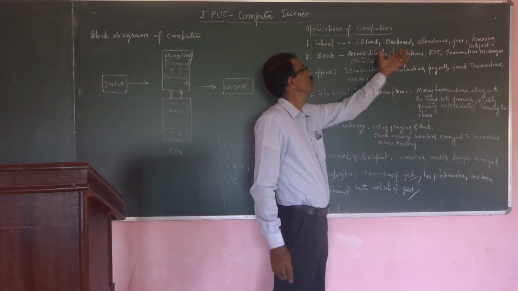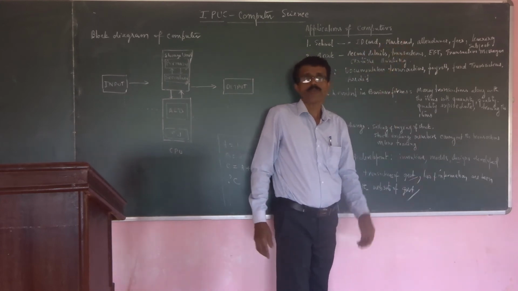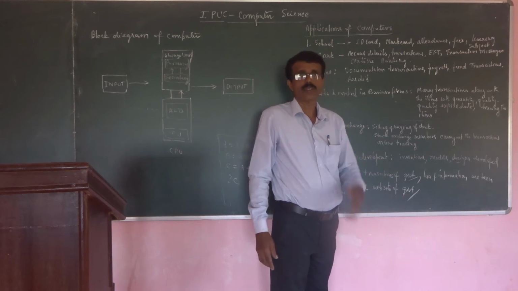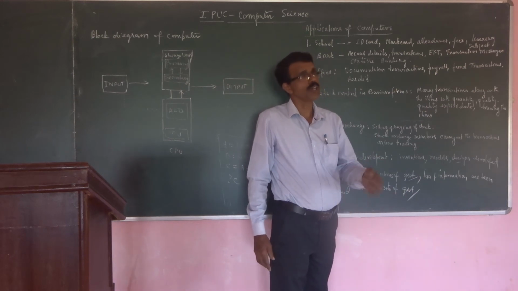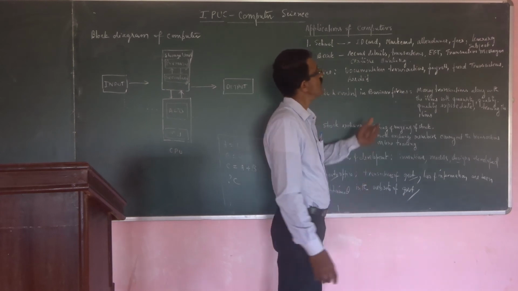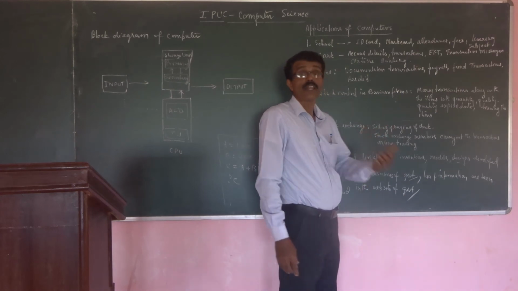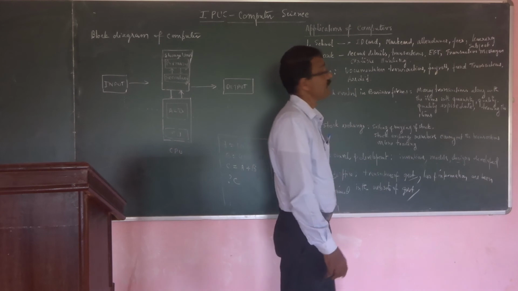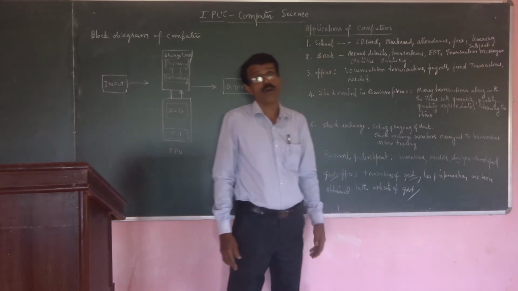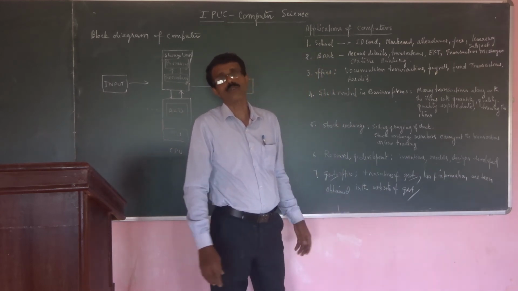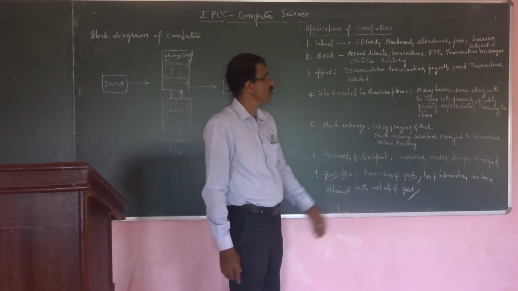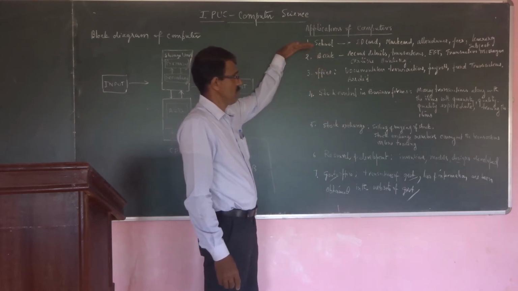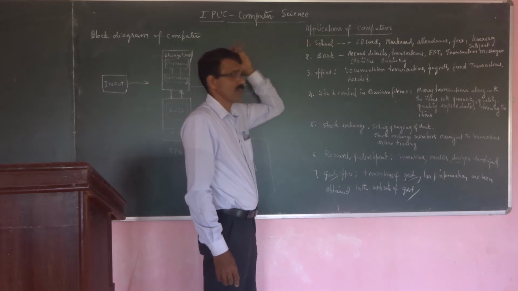You can also prepare mark cards, progress reports, other student information, and fee details as a learning package, and use computers for the attendance register. So wide-scope applications are there.